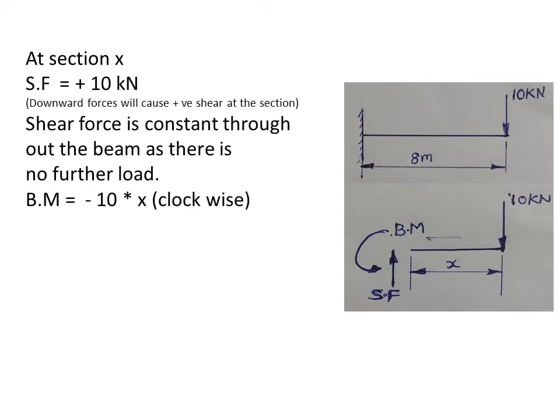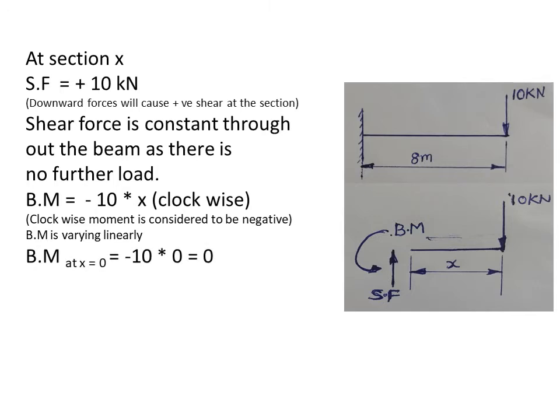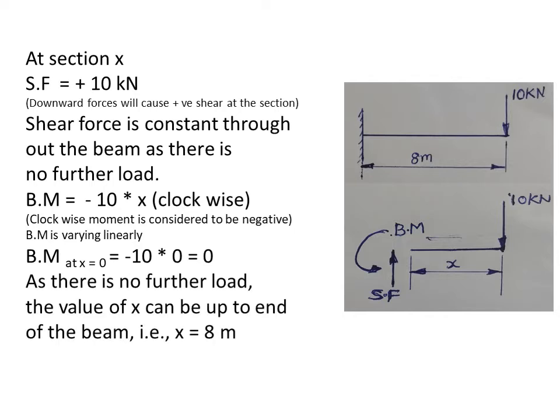Bending moment BM is equal to minus 10 into x clockwise. Clockwise moment is considered to be negative. BM is varying linearly. Bending moment at x equal to 0 is equal to minus 10 into 0, that is equal to 0.